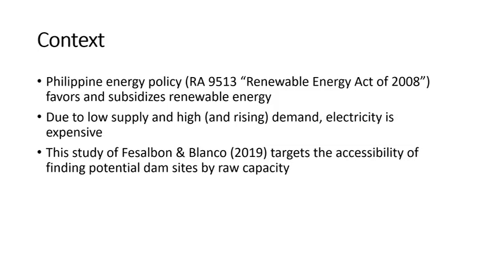And the study of Fesalbon and Blanco is all about making it more accessible. They were trying to formulate a method that would make it easier to find potential dam sites in terms of raw capacity.